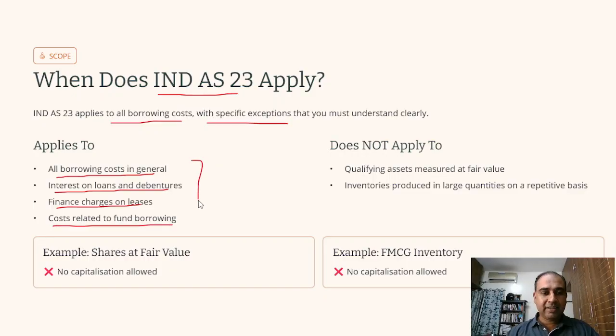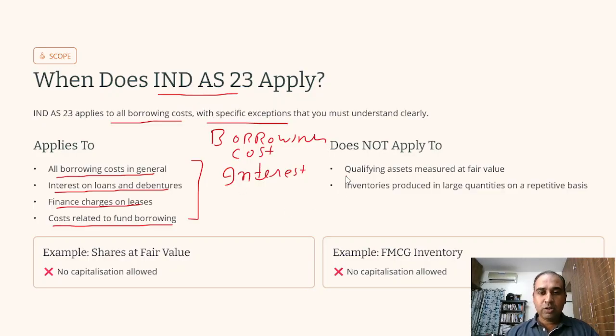So it covers mainly interest. Borrowing cost is nothing but interest, in simple words. But what exactly is a borrowing cost? That also we will be learning in the subsequent discussion.